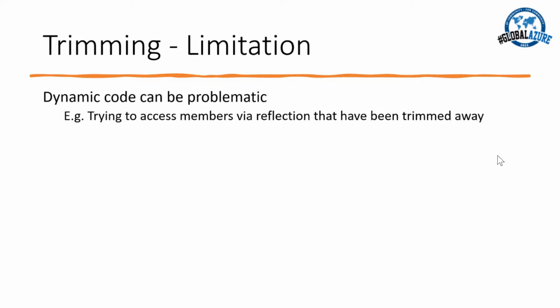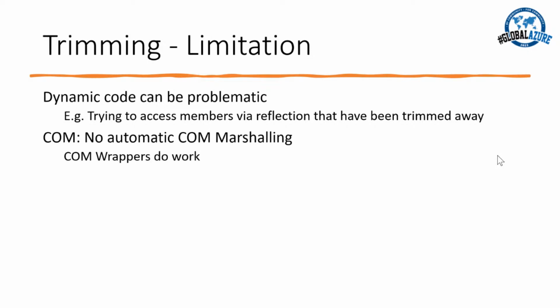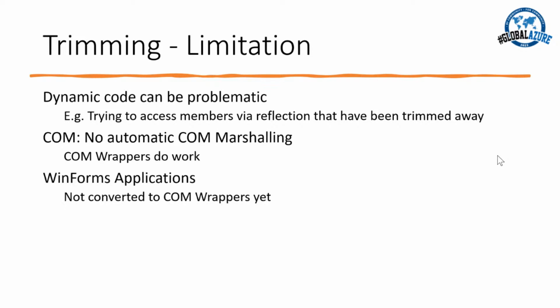And if you try to set the property via reflection, you can no longer do that. There's also no support for COM. There are new features called COM wrappers that can help here. But if you're using COM directly, that might not work. That's also the reason why WinForms applications can currently not use trimming, because not everything in there is already converted to these COM wrappers.